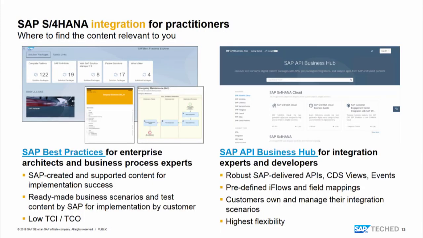So in the past, when you implemented S/4HANA Cloud, you would typically go to the SAP best practices and look there for your implementation guide, right? This year, we started making available a different way to implement integrated scenarios of S/4HANA Cloud.